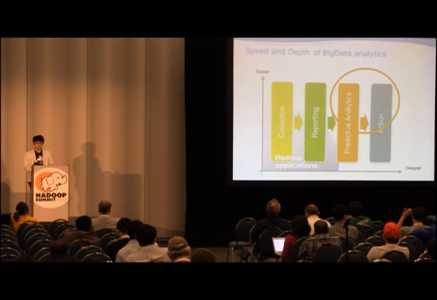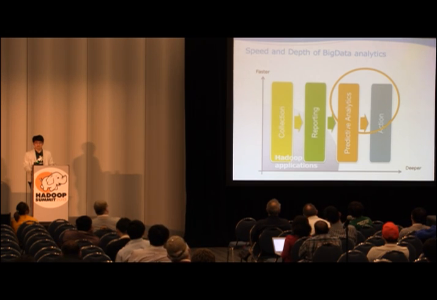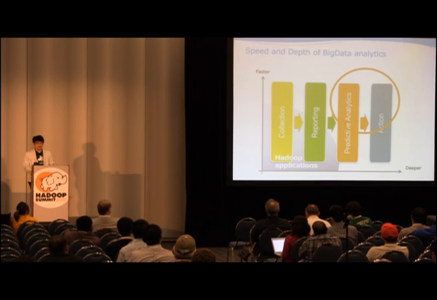This is a simple view of big data analytics, and there are 2 axes, the decision speed and decision depth. Actually, Hadoop applications go in both directions very fast.